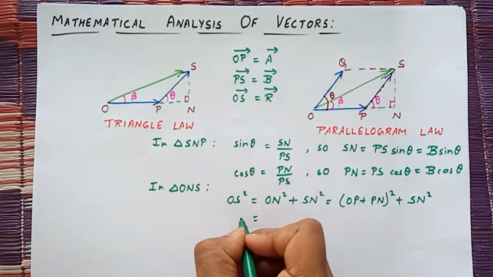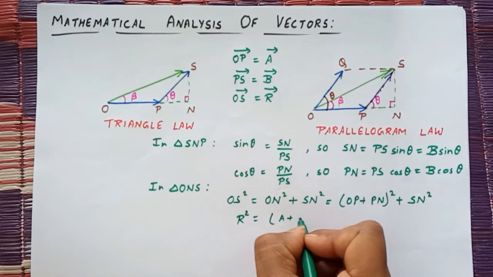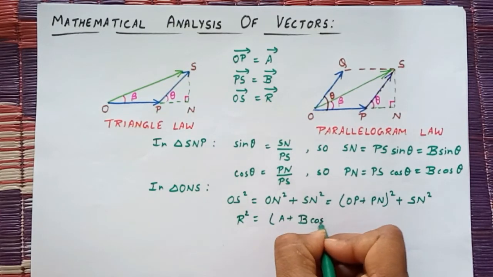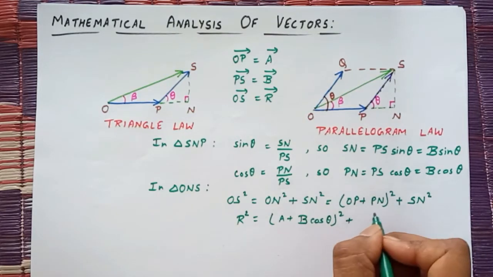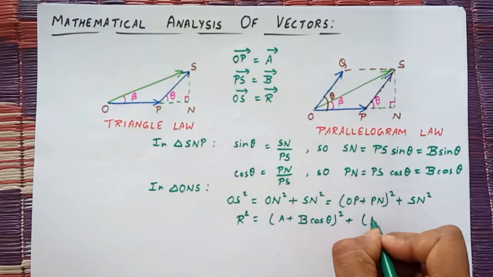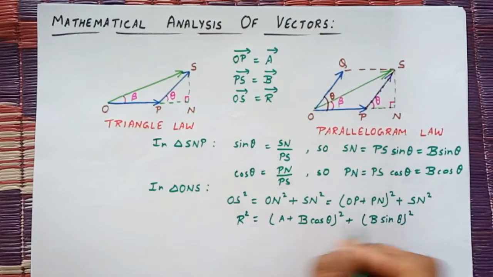What is OS? OS is R. So R square will be equal to A plus B cos theta whole square, OP plus PN. Then what is SN? SN is B sin theta. So B sin theta whole square.